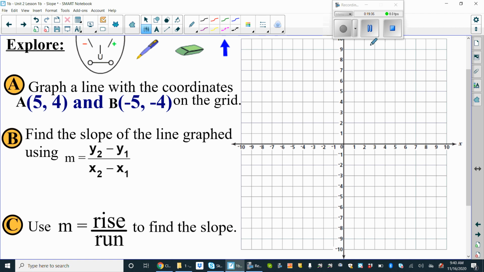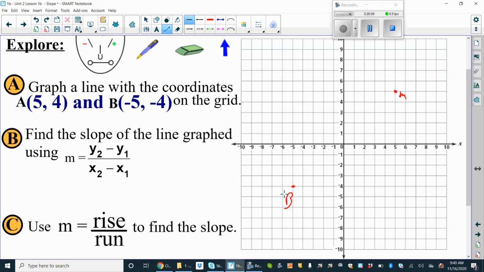All right, let's start by graphing this together. We have our A is 5, 4, and our B is negative 5, negative 4. So you go over to negative 5, down to negative 4. When you draw a line, try to use a ruler, and also make sure you always have arrows on the ends of each side of the line.